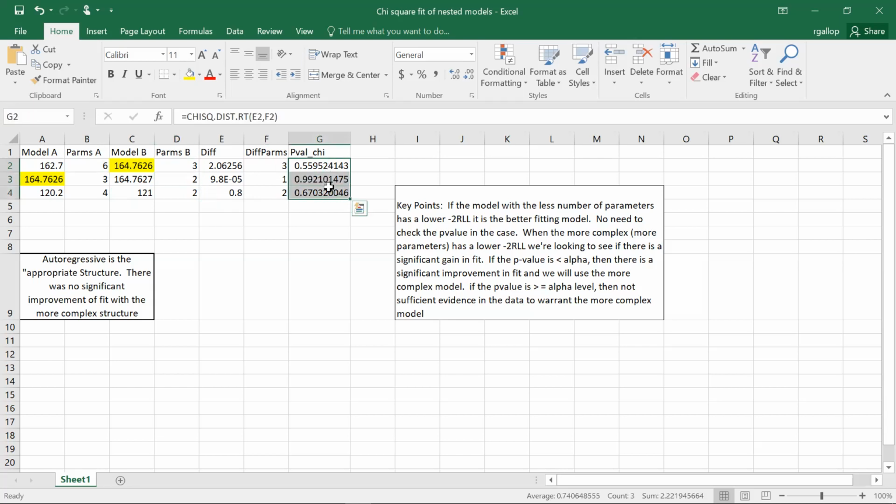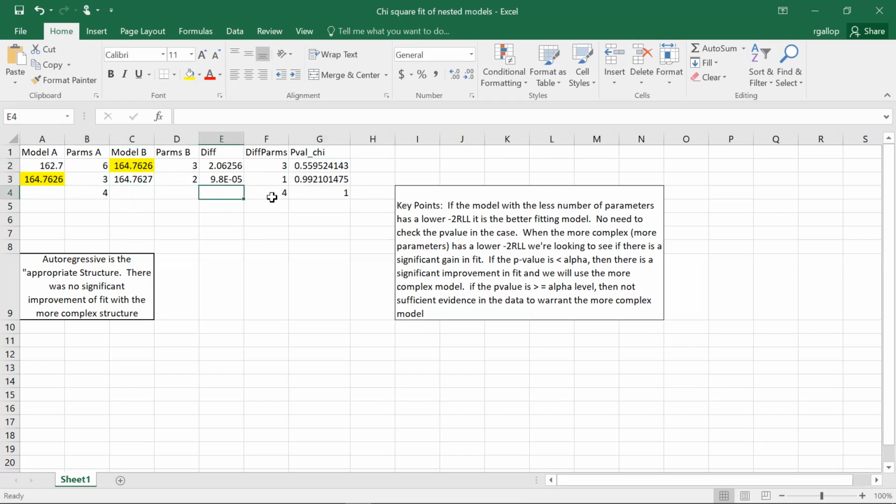And if it's not, then we will assume the more simplistic model is sufficient for modeling the repeated measures data. So we just saw that comparison.